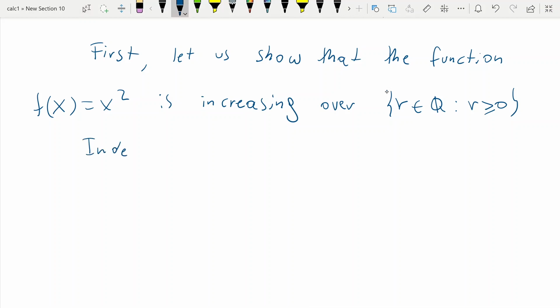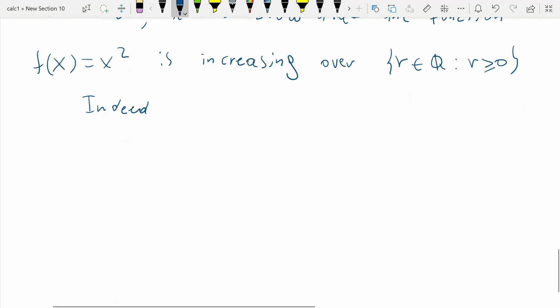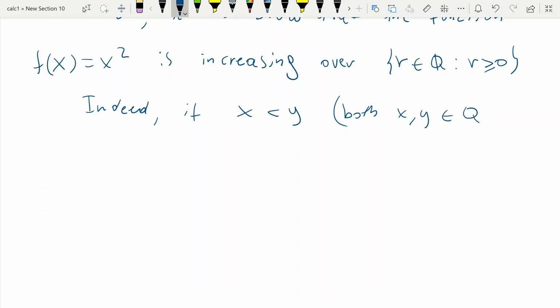Indeed, if x is less than y, where both x and y are in Q, we have that also x times x is less than x times y.